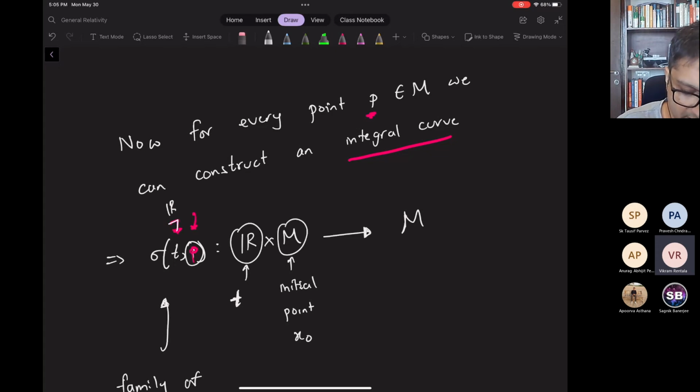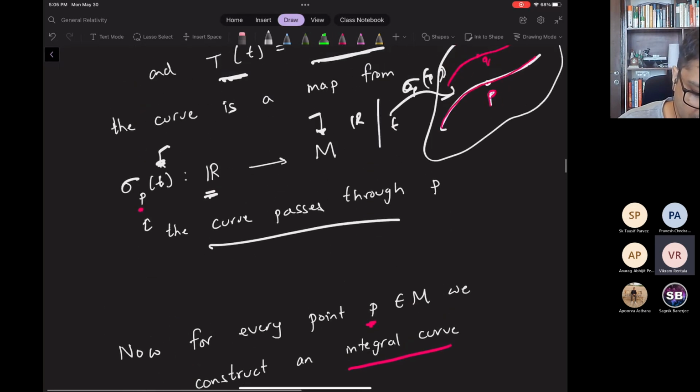This is the initial point which we called x0. This is a map from points on the manifold and real numbers to other points on the manifold. So if you give me a P and a value of t, I'll tell you the new point on the manifold that I'm at. That is, I find the curve which passes through P, I move by an amount t, and I get a new point on this manifold.